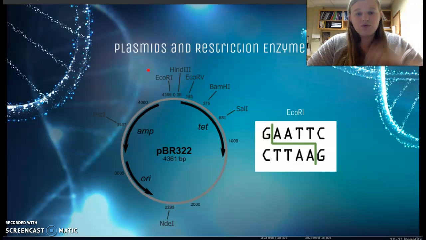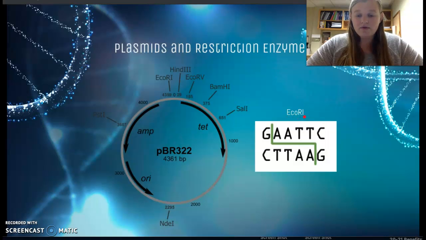Another awesome tool that we have is something called a restriction enzyme. A restriction enzyme, or a restriction endonuclease, is an enzyme that attaches to DNA at a certain double-stranded sequence. And so we can see here we have GAATTC and its complementary strand on the other side.